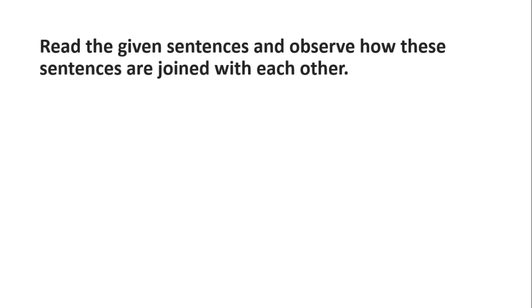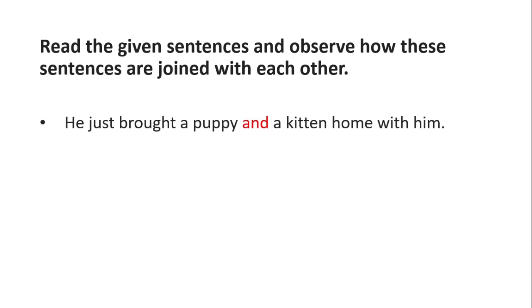Now students, first of all, you have to read the given sentences and observe how these sentences are joined with each other. He just brought a puppy and a kitten home with him. These two parts of sentence are joined by a word and.